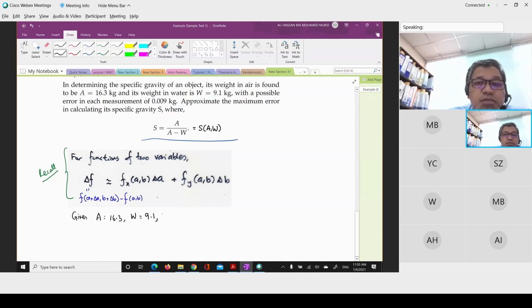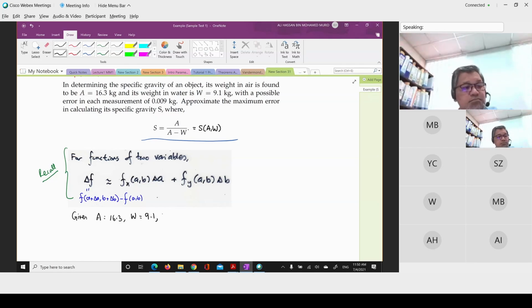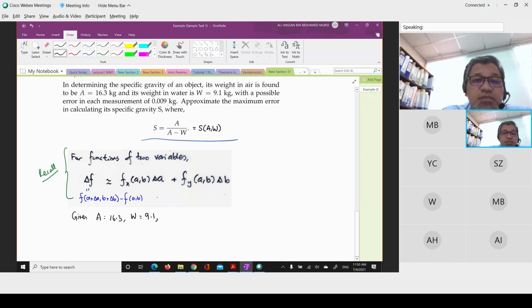0.009. What does that represent? We have 0.009 with a possible error in each measurement.